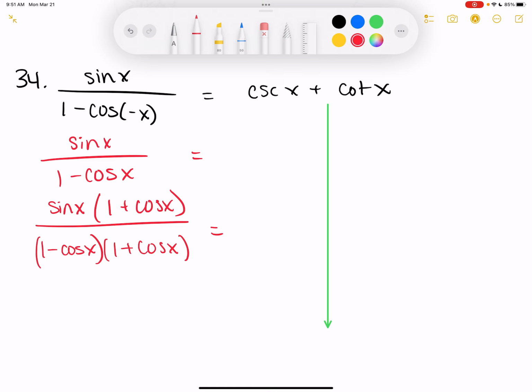So what's on the bottom? Are you still looking for things that are similar that can act as substitutions, or you just FOIL? Yes.